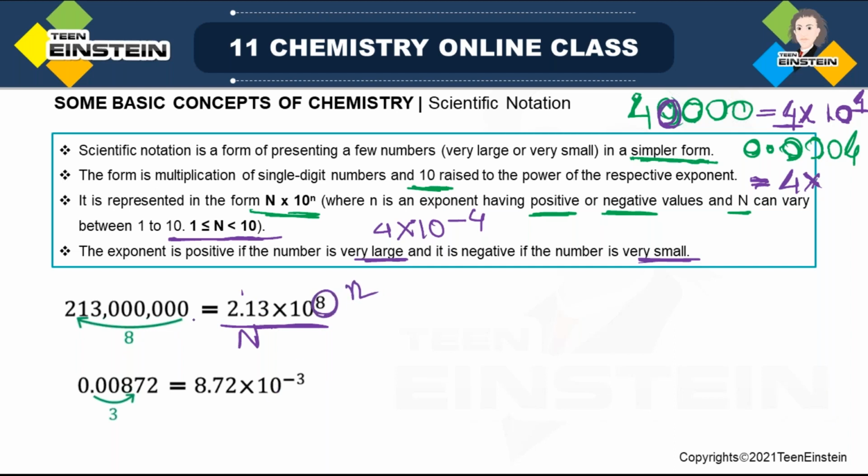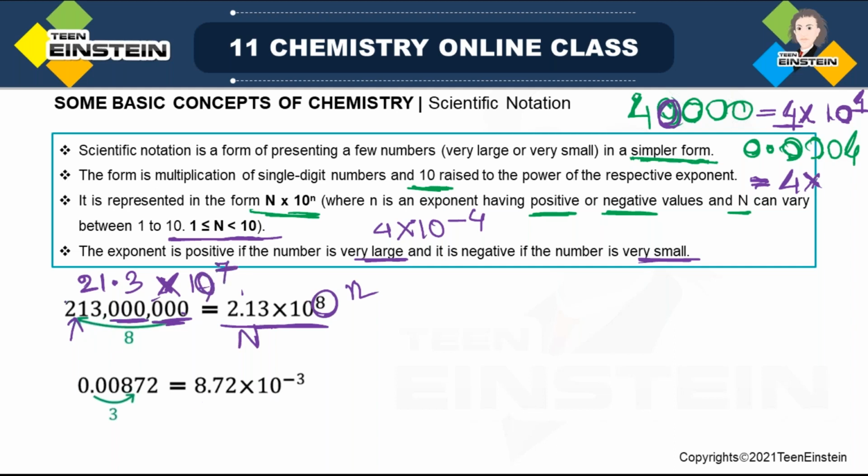Now if you are thinking that why the decimal we are bringing it here, we can also write it like this. That is 21.3, and in this case you are moving the decimal 1, 2, 3, then total 6, then 2 more. One more. So it will be 10 to the power 7.